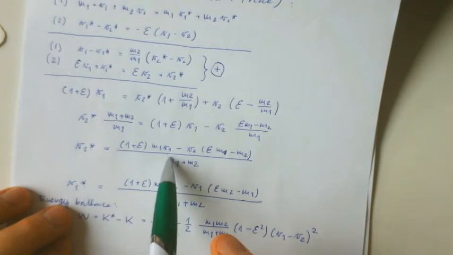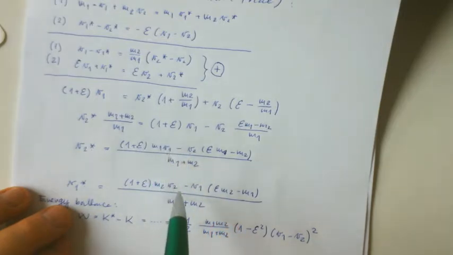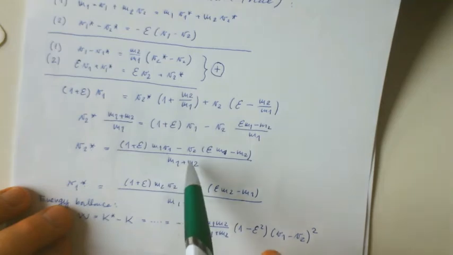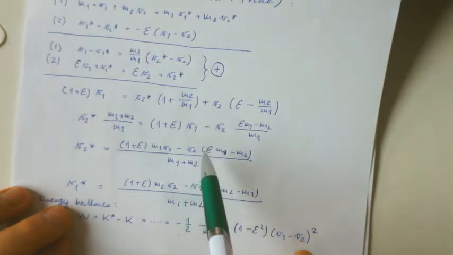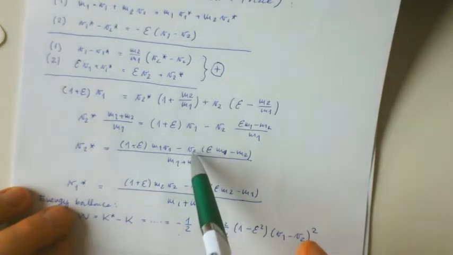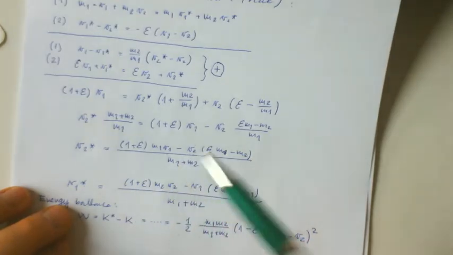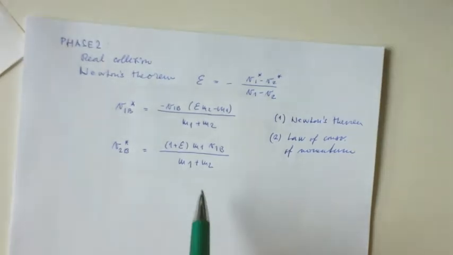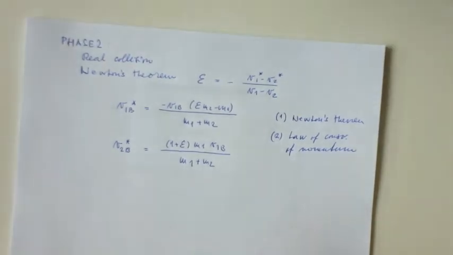In our case, the original velocity before collision of particle 1 is known, calculated from energy balance, and the original velocity of particle 2 is 0. If we substitute 0 for v2, we can cancel some terms, and finally we get these shortened results.